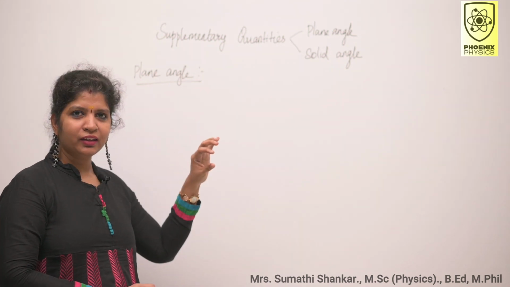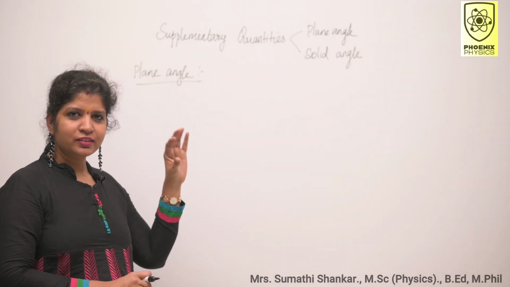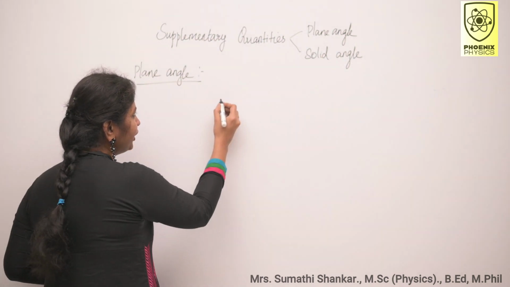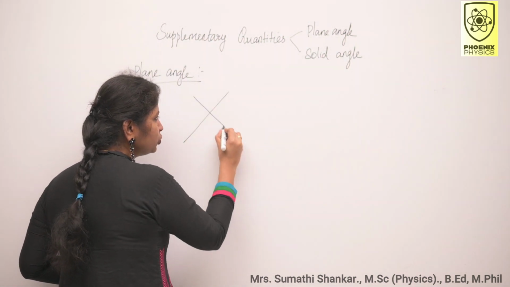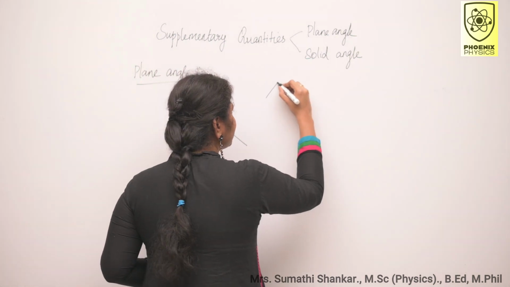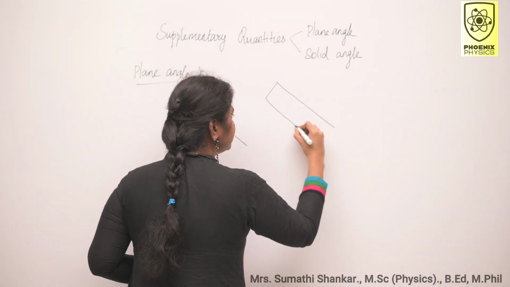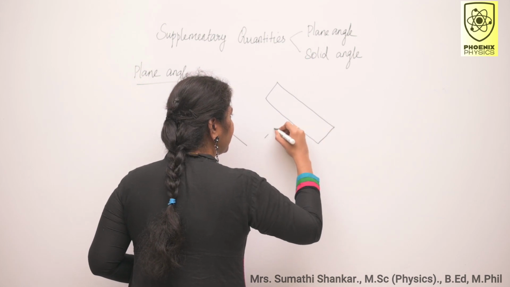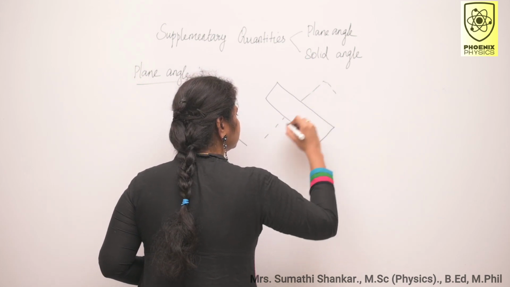Plane angle. What is plane angle? Plane angle is the angle made at the intersection of two straight lines or the intersection of two planes. Consider this is one plane and this is another plane.